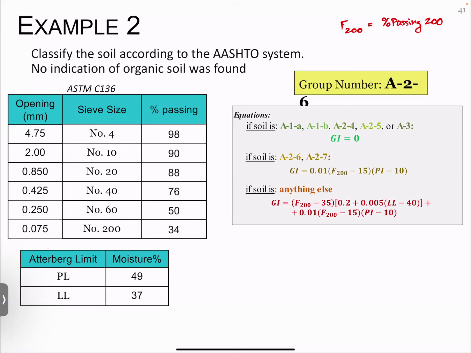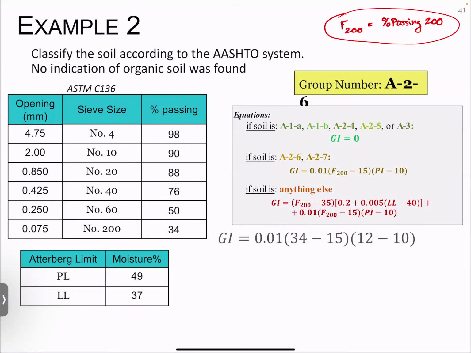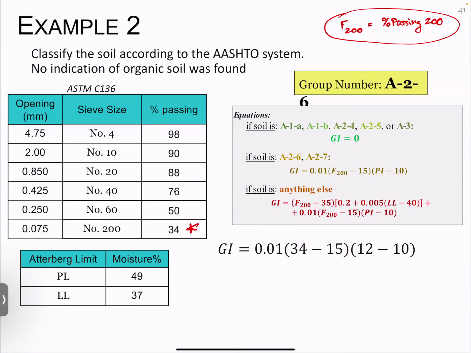So we keep it in percent, 34% minus 15. And then our plasticity index, again, we calculated before, is 12. So our group index is 0.38, which would equate to what group index?